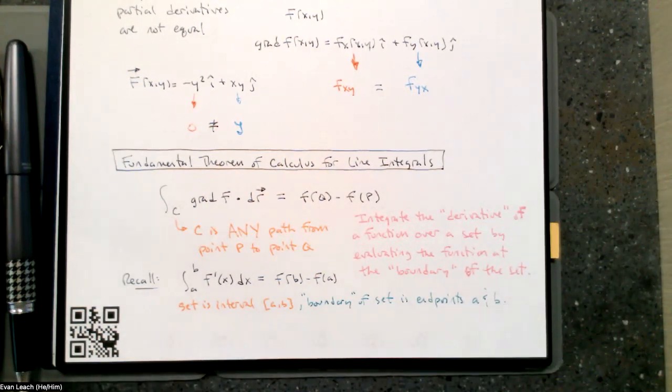And we're doing the same thing with a line integral. When we integrate the gradient, that's standing in as the derivative of the potential function. The set is any path from point P to point Q. Point P and point Q act as the boundary of that set.